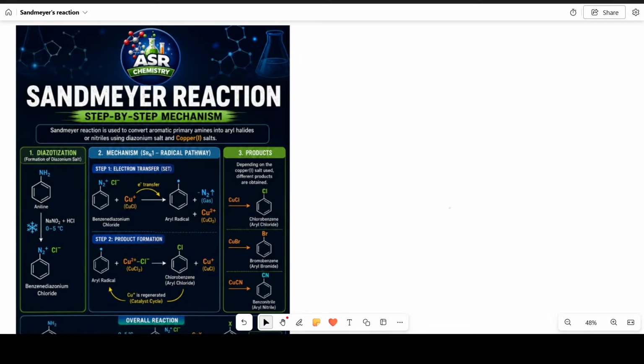We use CuCl, CuBr or CuCN to replace the diazonium group with a substituent such as chlorine, bromine or CN. Now let us look into the diazotization of aniline.